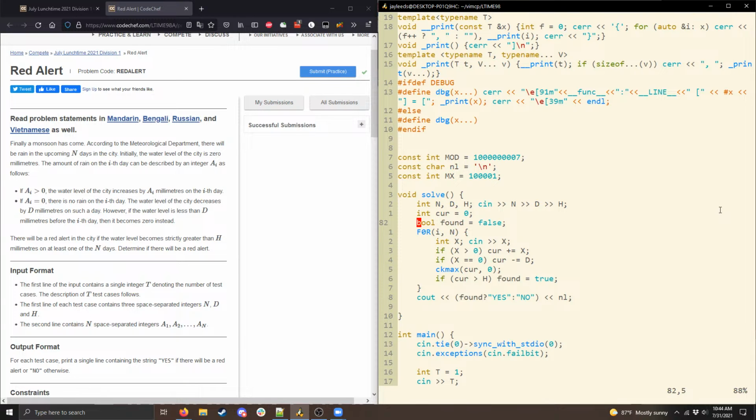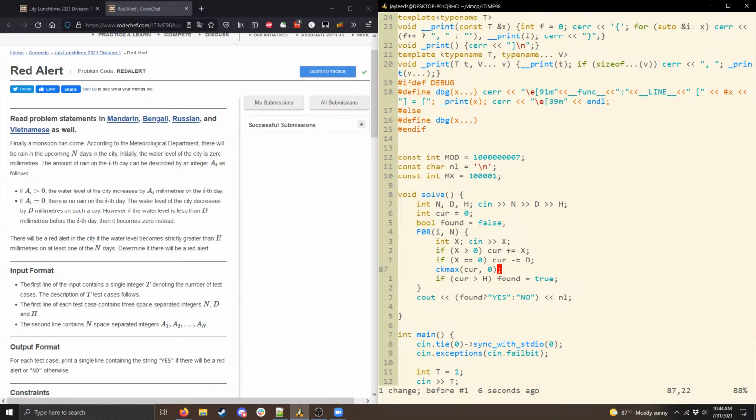And then in the end, if such a day has been found, then I print yes, and otherwise no. Now you might wonder, how do we maintain this variable? So I'm going to store cur, which stores the current water level, and then I read in x, and if x is positive, then I add x to the current water level, and otherwise I subtract d. Now then I set cur to the maximum of cur and 0. Remember that cur = max(cur, 0) is the same as checking whether cur is negative.